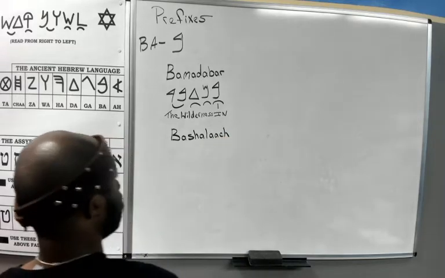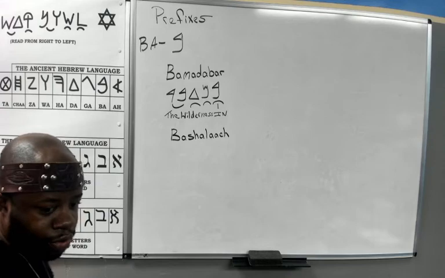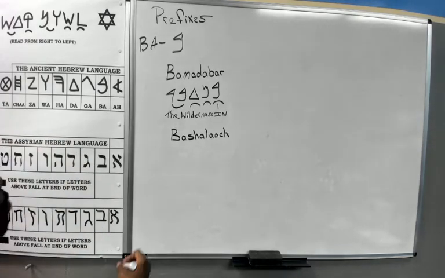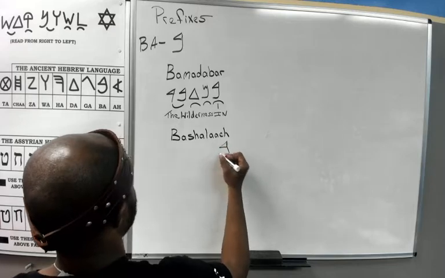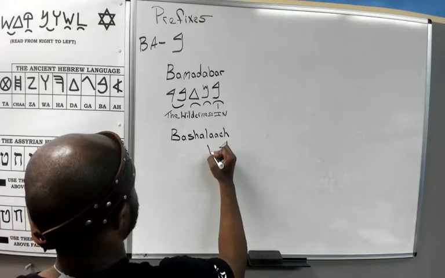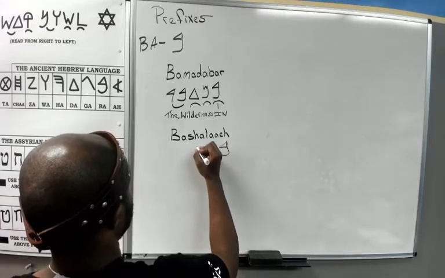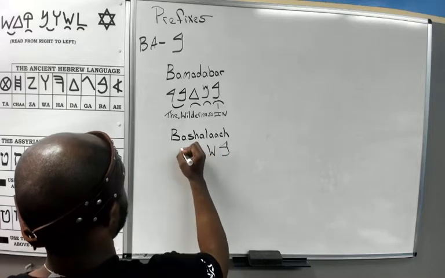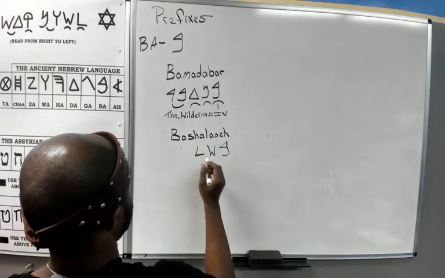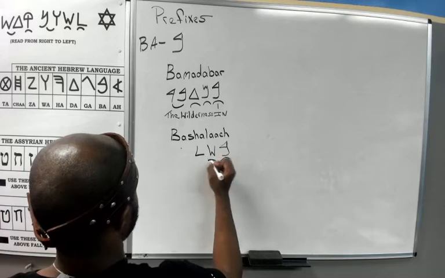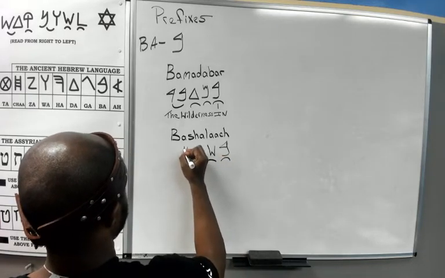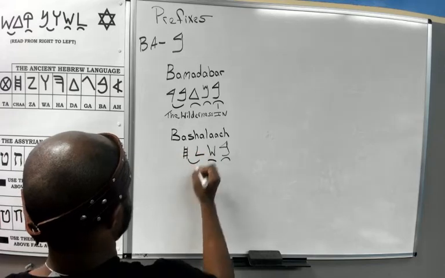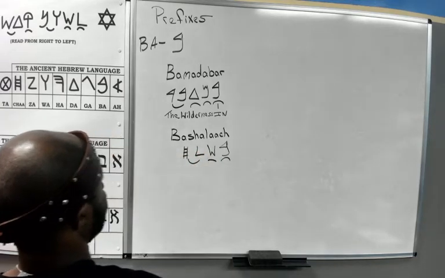All right. So now we have Bashalak. I'm going to write it out for you in the Hebrew as well. Same thing. Now, of course, the root word is shalak.